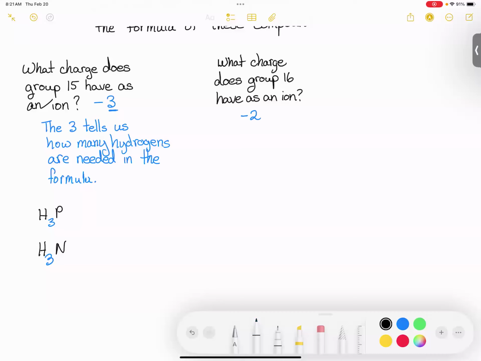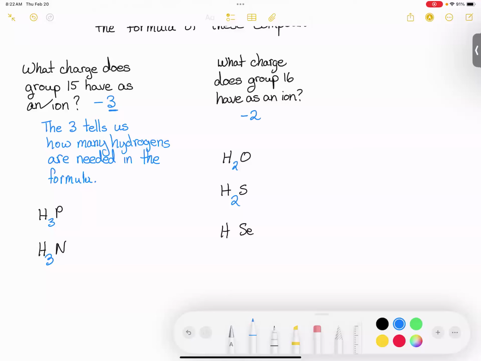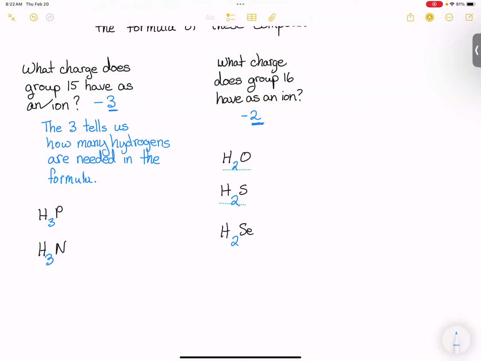So when I combine hydrogen and oxygen, because oxygen's in group 16, I'm going to do so in a 2-to-1 ratio. When I combine hydrogen with sulfur, since sulfur's in group 16, it's a 2-to-1 ratio. With selenium, also in group 16, a 2-to-1 ratio. So the 2 is telling me how many hydrogens I'm going to need in these compounds.